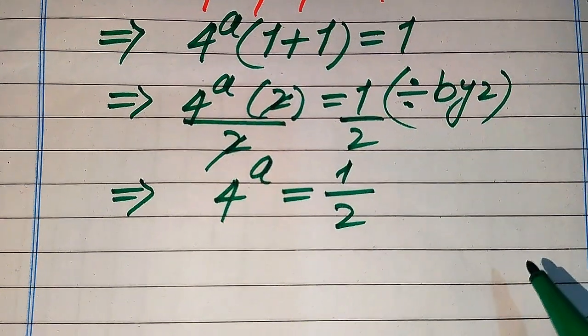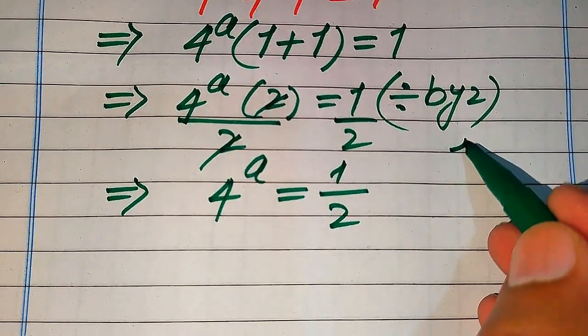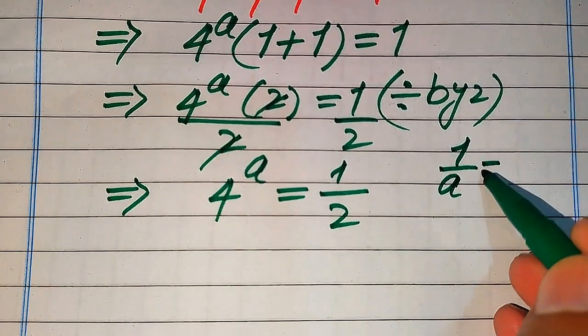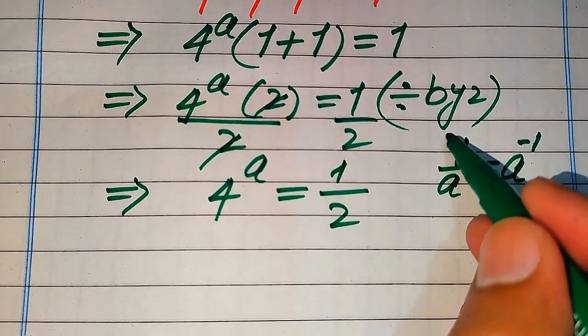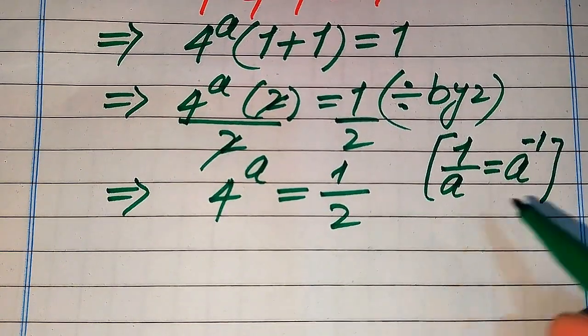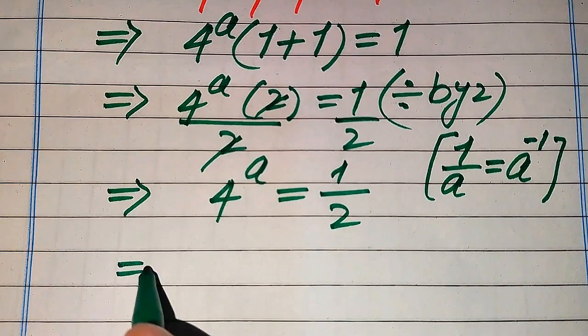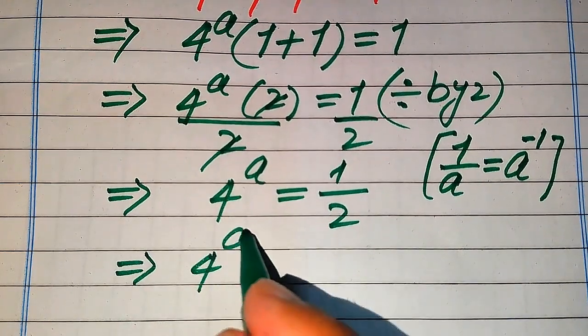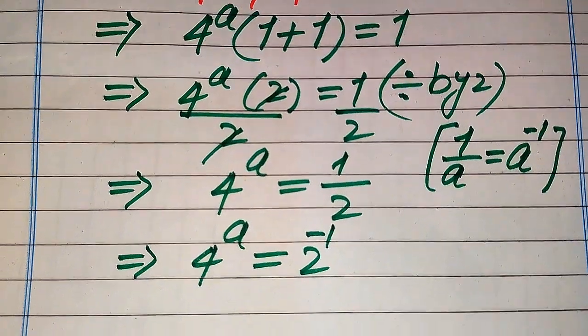Here we use a nice rule on the right hand side, and you know about that. If we have 1 over a and we move this a to the upside, it becomes a inverse. According to this rule, when we move this 2 to the upside, it becomes 4 to the power of a is equal to 2 inverse.